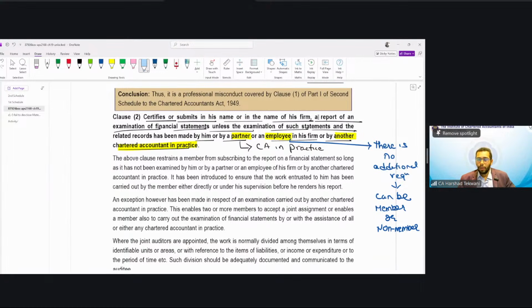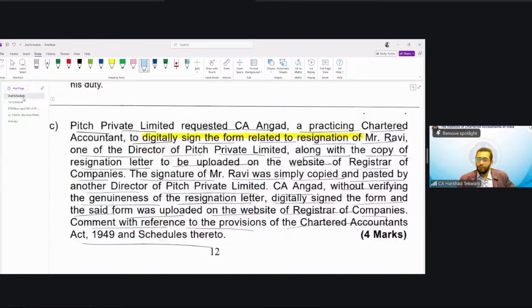Understand one thing: a report of an examination of the financial statements, unless such examination of the statements and the related records have been made by a partner or an employee. So we are talking about a report on the examination of the financial statement. That's clause 2, a small detail you need to understand. Is there any examination of the financial statement involved? Answer is no. Can I apply clause 2? No.